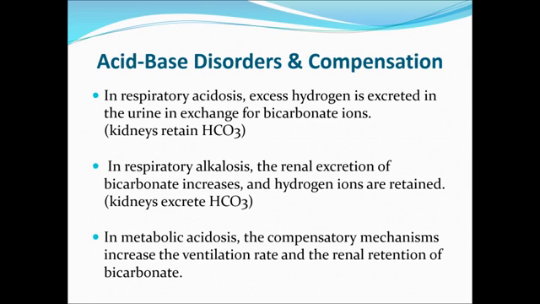Okay. If it's metabolic alkalosis, the respiratory rate will actually decrease, and that will try to hold on to some of that CO2 because we're not breathing it out. And then, of course, the kidneys, depending on how well they're functioning, are going to adjust how much bicarbonate they retain.